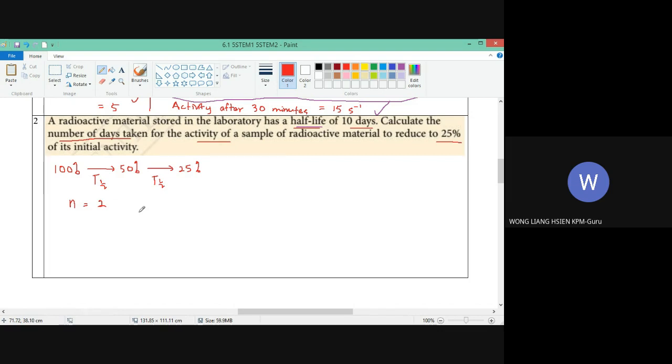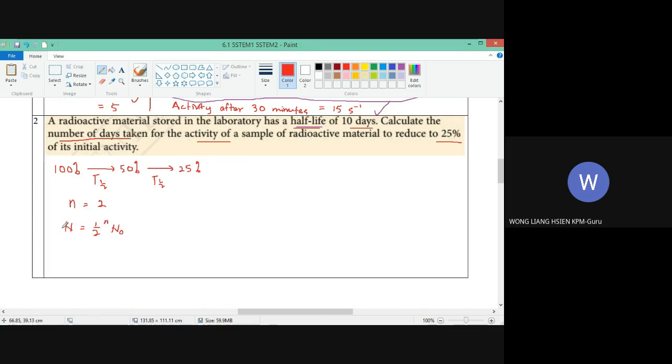Because if you use the equation, you have to use logs, which is a very tedious way of working. A bit complicated, right? For example, if you want to use the equation, N equals (1/2)^n N0. So n is what you want to find: how many half-lives will pass?